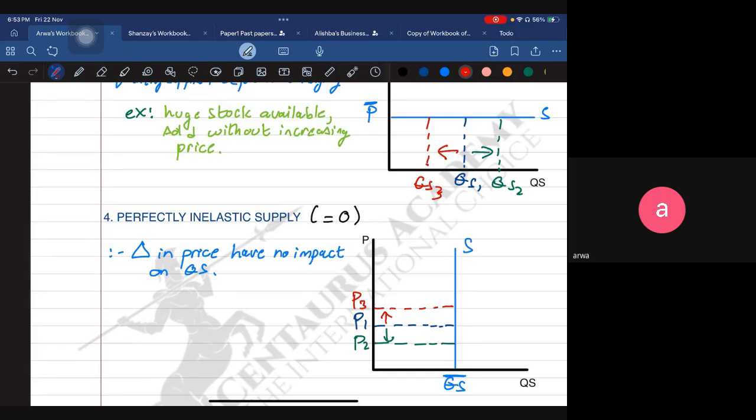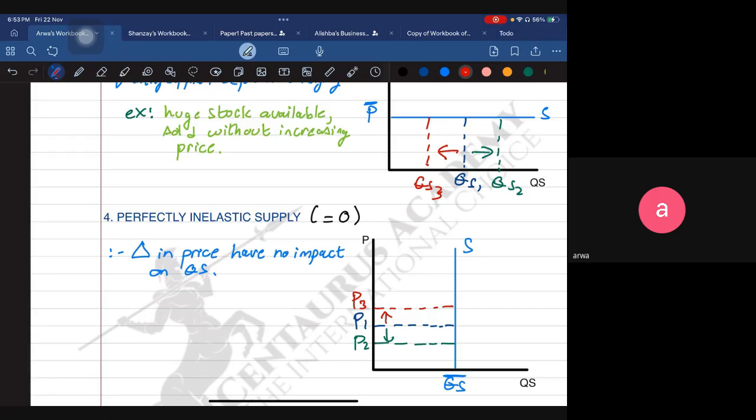Most of the time the price increases, but the supply remains the same. I don't want to connect it with supply and demand, so I'm trying to think of another reason. I'm not sure. My mind is not working today for some reason.